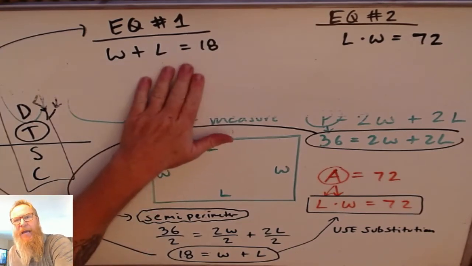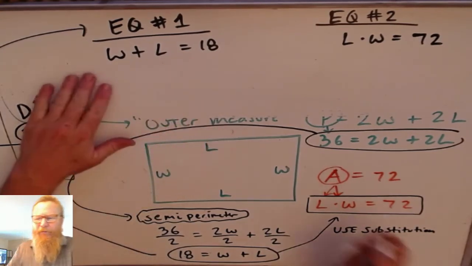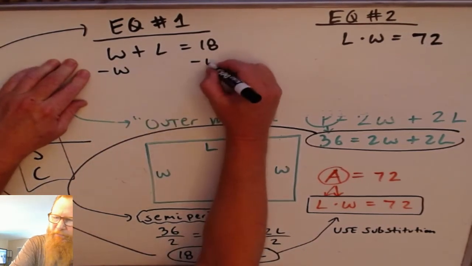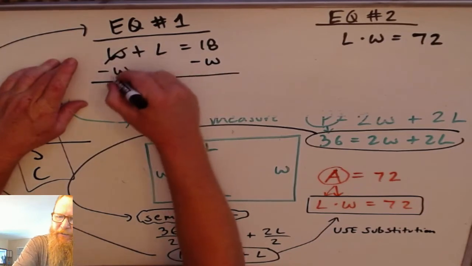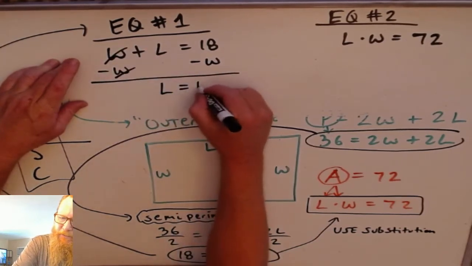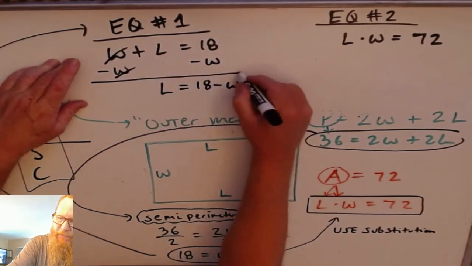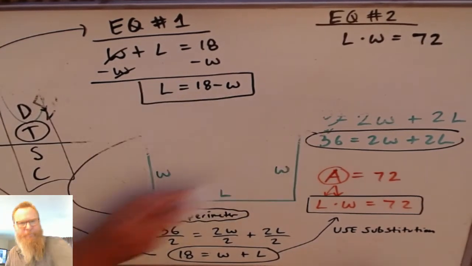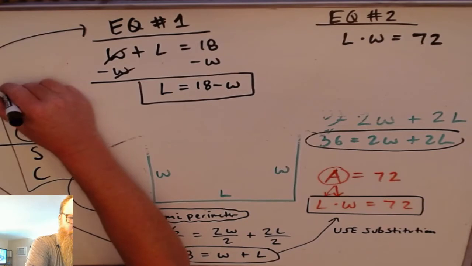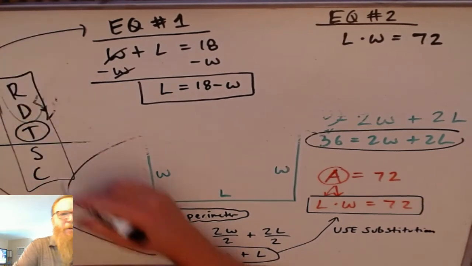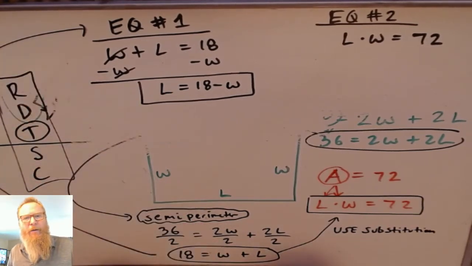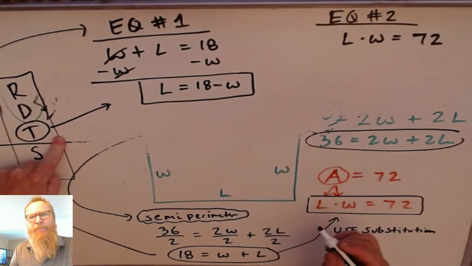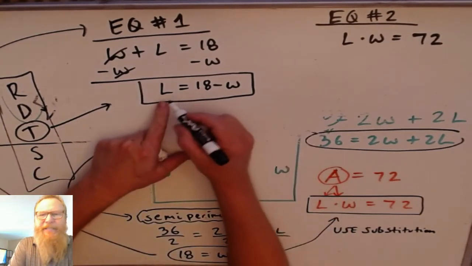So now I want to pick one of these variables. I usually pick L, but it doesn't really matter. Just pick one. Don't want to forget my order here. I'm still on the translate step. So it doesn't matter which one you pick.